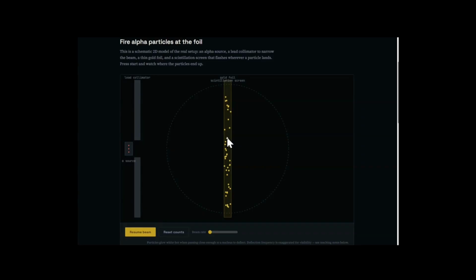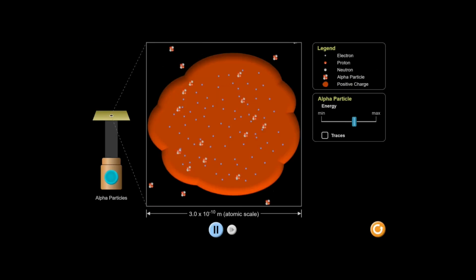What Rutherford expected to see was something akin to the plum pudding model, where if we have our atom here, it's kind of this blob with the protons and the electrons in it.